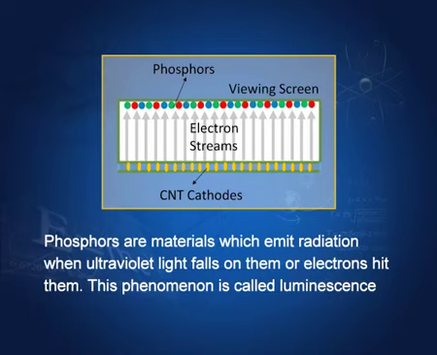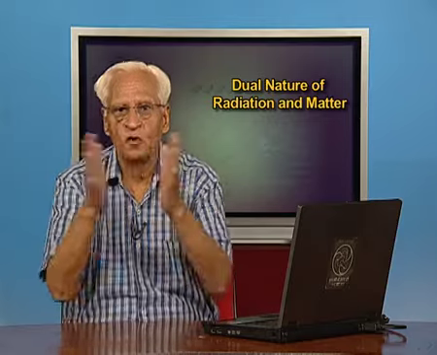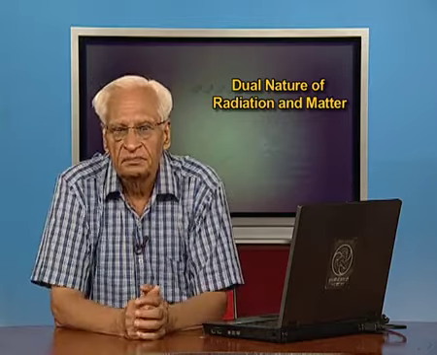Then we apply the field and the electrons come out and strike phosphors on the viewing screen. Phosphors are substances which give light when they are hit by electrons, and the phosphors can give lights of different colors, here blue, green and red, and it is a combination of these colors which forms the picture on the picture tube.